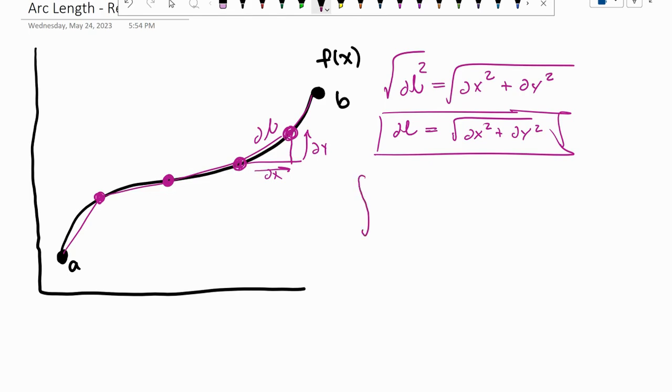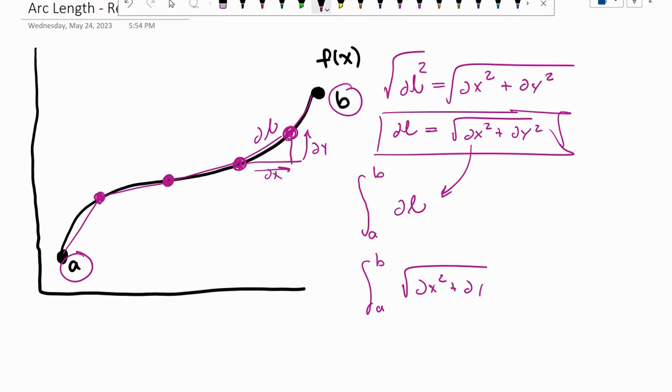So we use the integral from the starting point A to the ending point B of dl. Now let's substitute this in for dl. Integral from A to B of the square root of dx squared plus dy squared. This accumulates all of these infinitesimally small line segments to approximate the arc length.